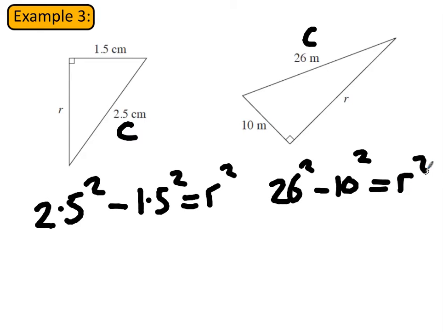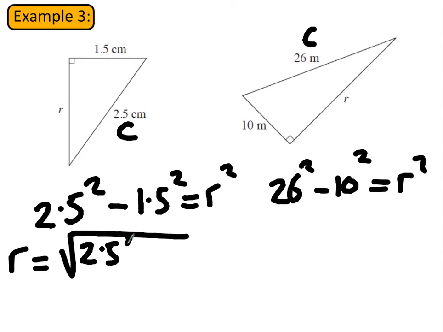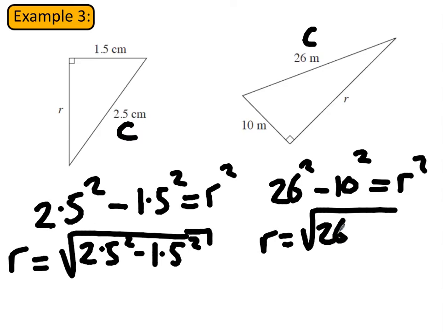So working out R, in this case R is going to be, if we just square root both sides so you see where it comes from, the square root of 2.5 squared take away 1.5 squared. On the right hand example, R is going to be the square root of 26 squared minus 10 squared.